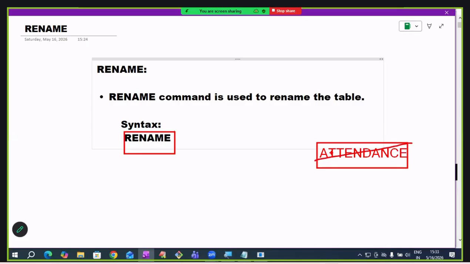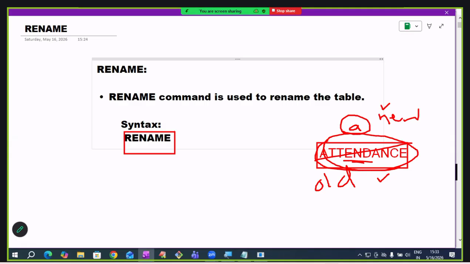I want to rename this as A. So whenever we are renaming, two things are required. Which table do you want to rename? Give the old name: attendance. Which new name do you want? Give that one. Attendance is the old name, the new name is A.